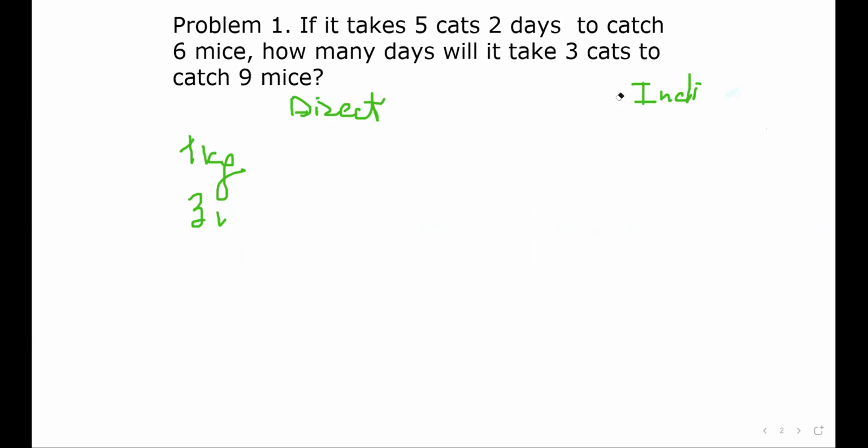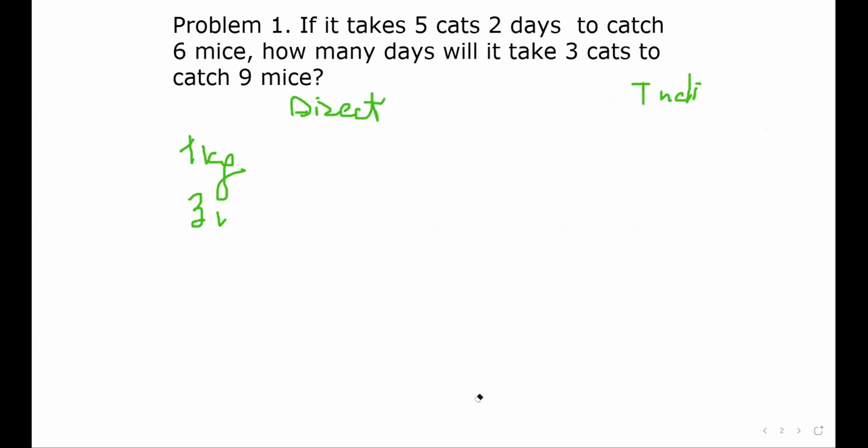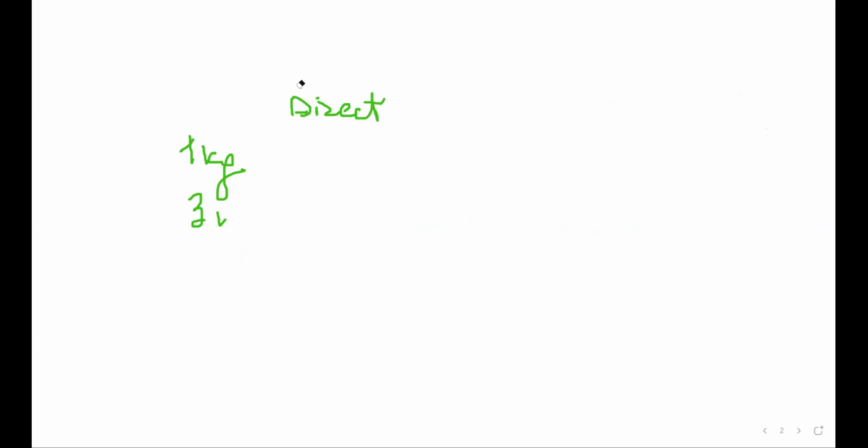Now let's come back to our problem, and let's try to explain it in a good manner and understand what things are here. As you know, we said that there are 5 cats. Let's write what we have here in our table.